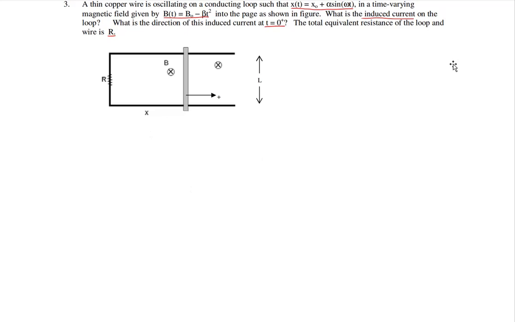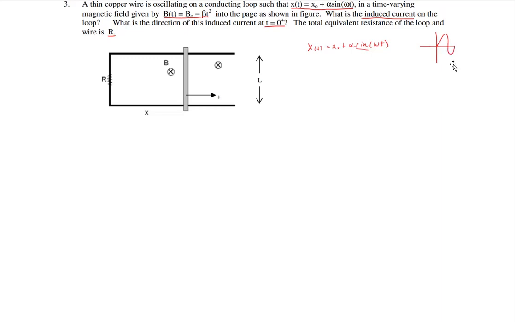So first let's take a look at the function for the oscillation, which is x of t equals x naught plus alpha sine omega t. Notice that in this function there's a sine, and sine goes up, goes down, goes up again.